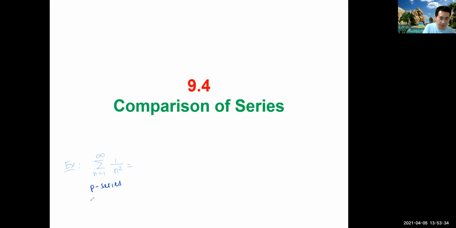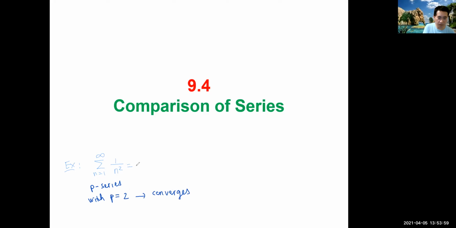The P series here has p equal to 2. So we should know that this series converges.